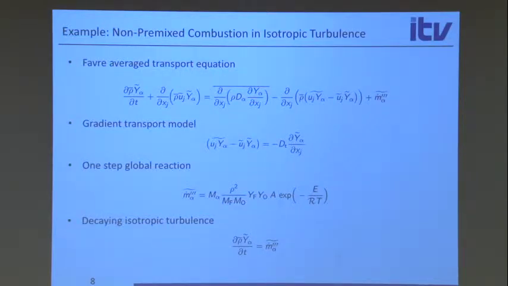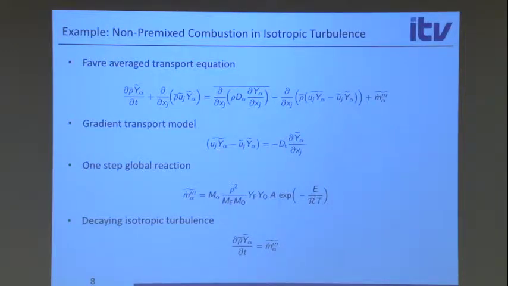Here's another example. This is the equation for the mass fractions. Again here we have the scalar flux term, and then here we have the chemical source term. And for the scalar flux, maybe we use this, but we don't even need to. What I want to do here is write this equation for isotropic turbulence.